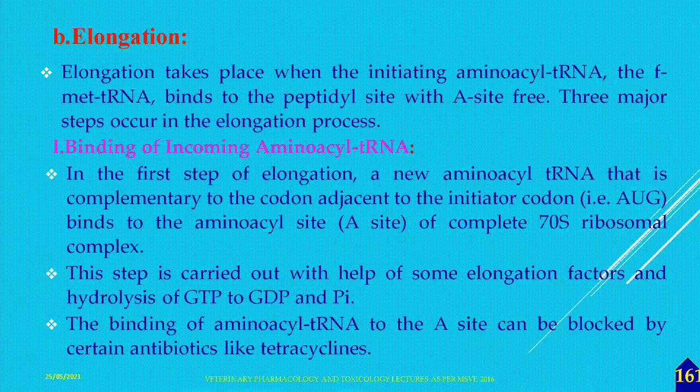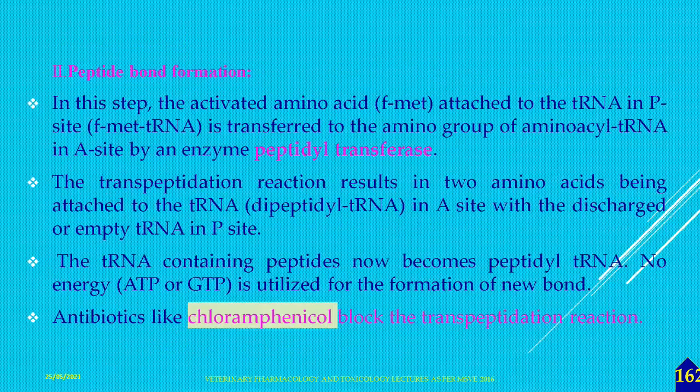This step is carried out with the help of elongation factors and the hydrolysis of GTP to GDP and Pi. The binding of the amino acid tRNA to the A site can be blocked by certain antibiotics like the tetracyclines, which inhibit the elongation process.